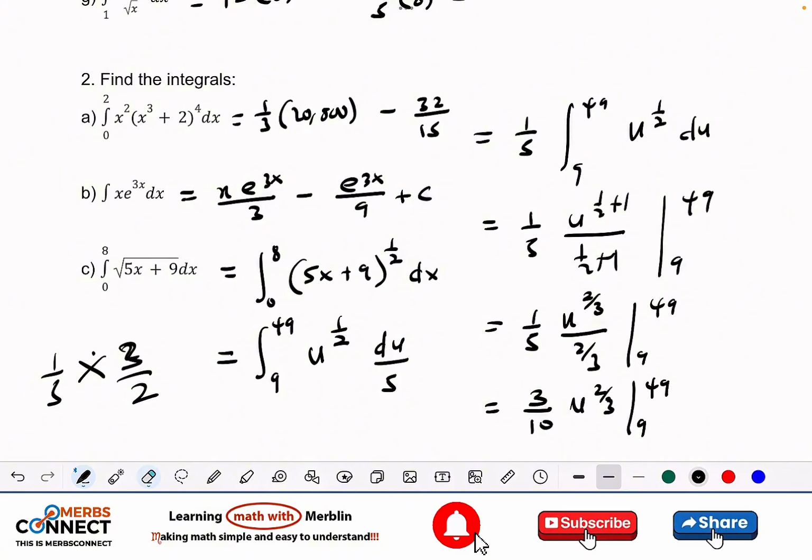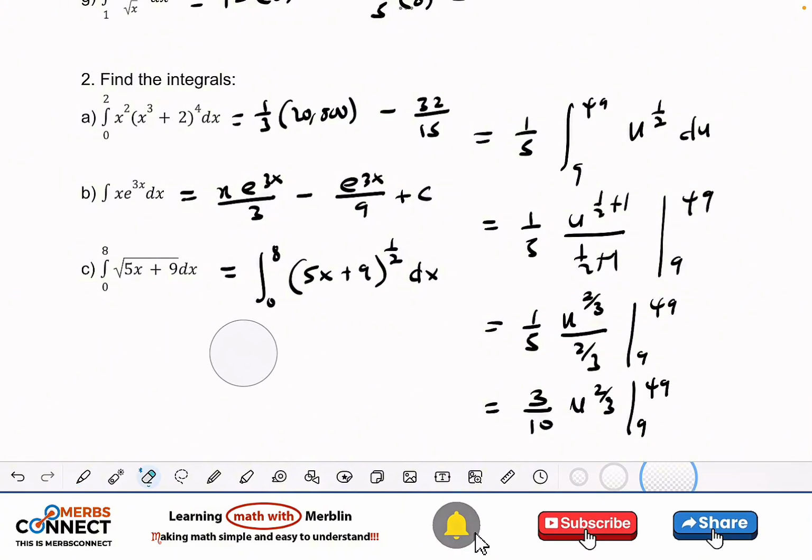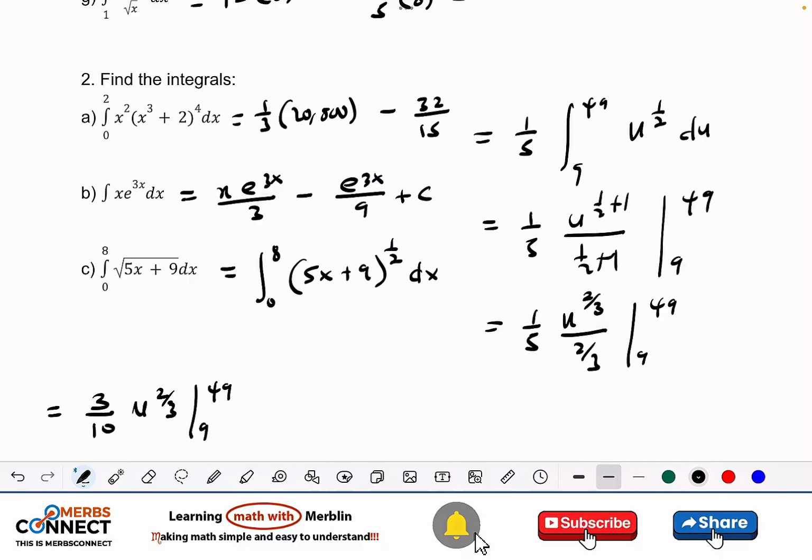And the last thing that we need to do here is just plug in. So let me shift this here and plug in 49. So 3 over 10, 49 to the power 2 on 3, minus 3 on 10, 9 to the power 2 on 3.